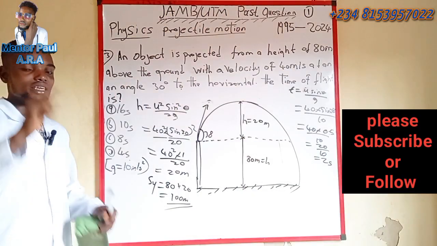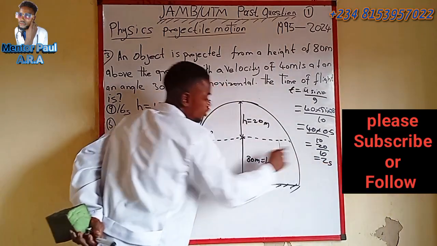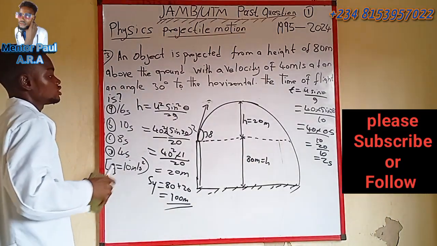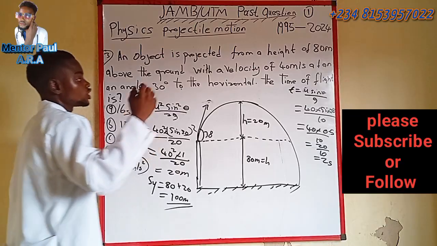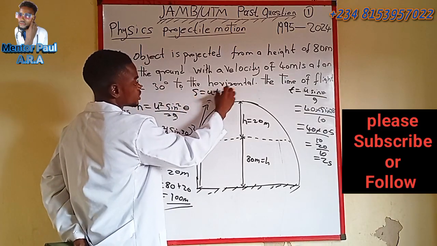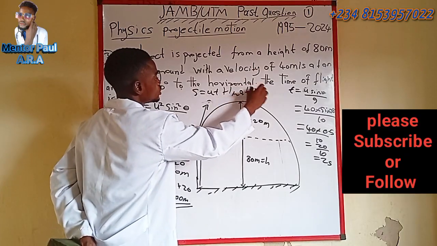Now, the time of flight, again, we need to add to this. The time of flight is gotten from the third formula of motion, which says that s is equal to ut plus half at squared.